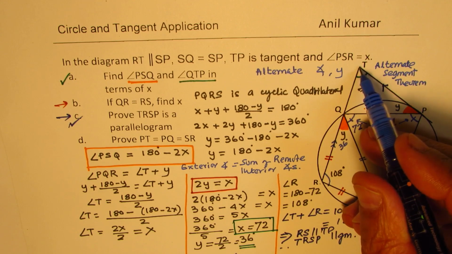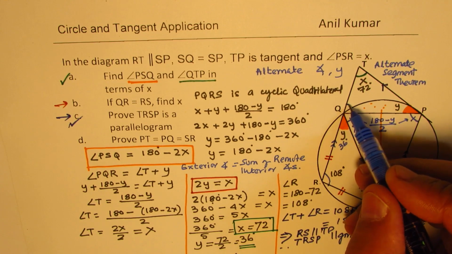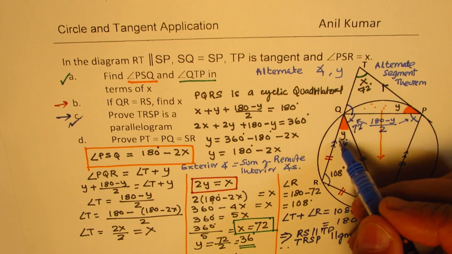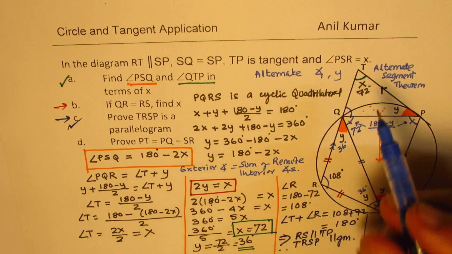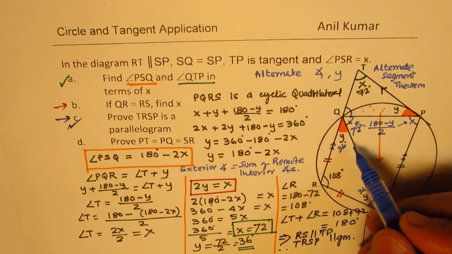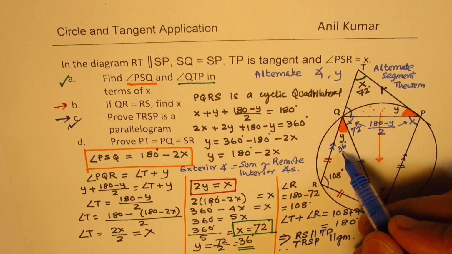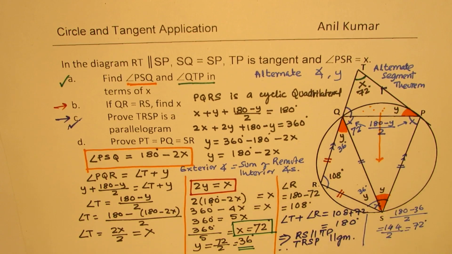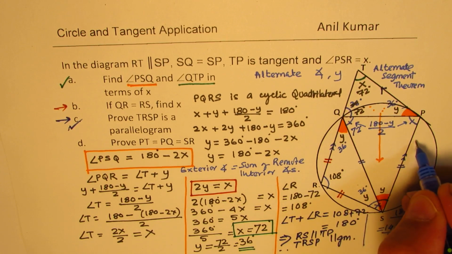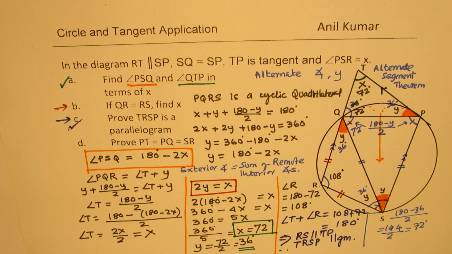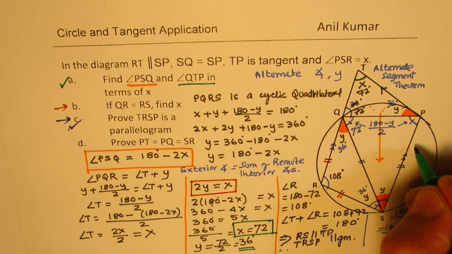And since this is a linear pair, right? They form a linear pair. Therefore, we know that that angle should be equal to 180 minus 36 minus 72. There's no space to write here, so angle Q I'll write here in a different color. Okay, let's use this.